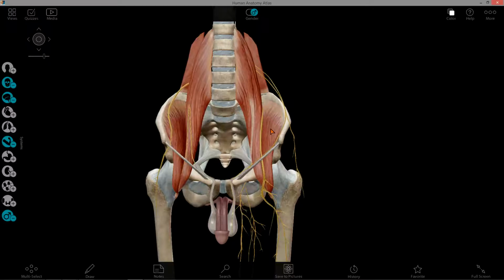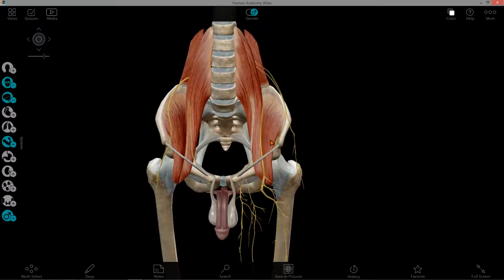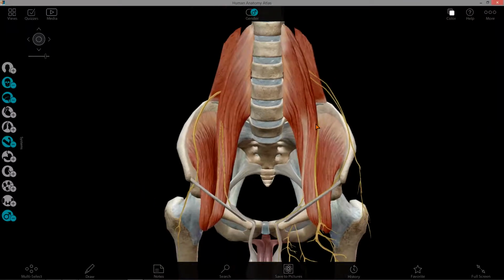There's one mnemonic called 2 from 1, 2 from 2, and 2 from 3. What this is referring to is that there are 2 nerves from one root, the iliohypogastric and ilioinguinal, which are both from L1.